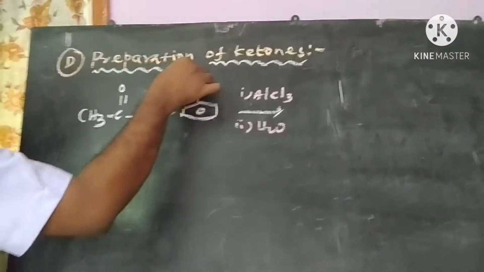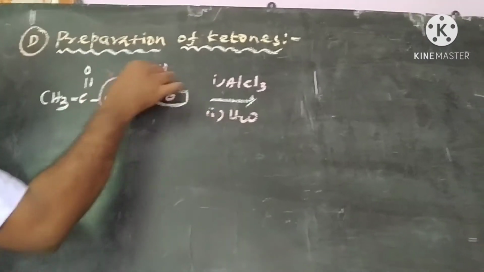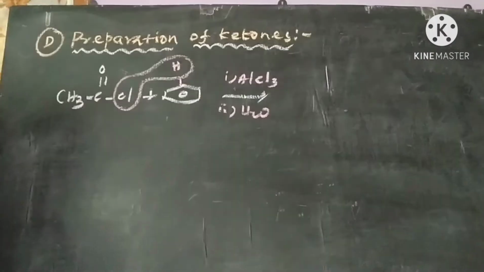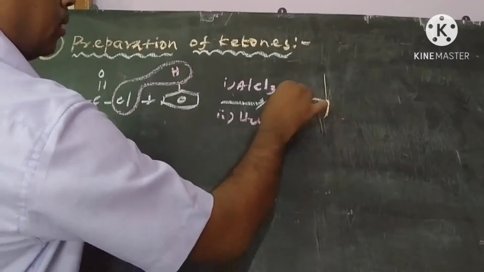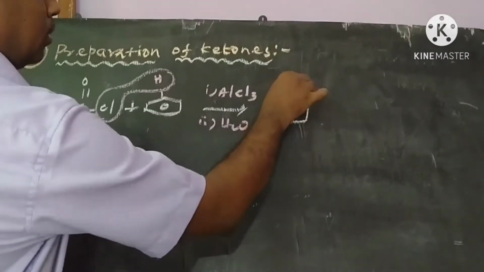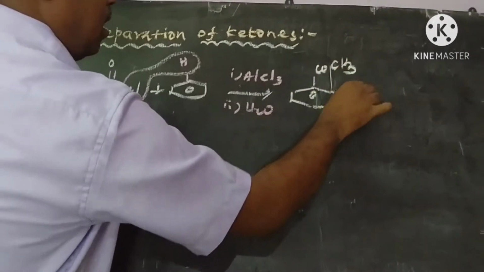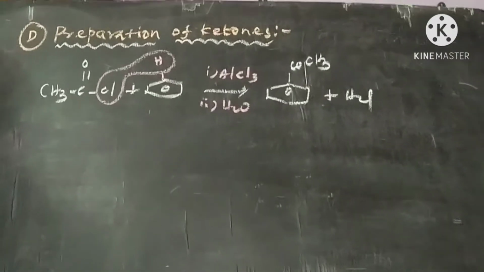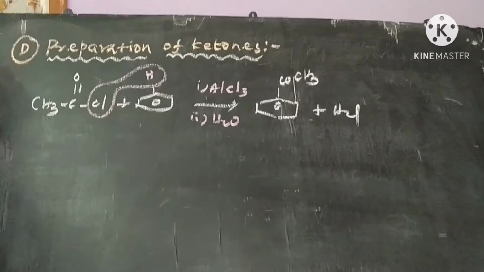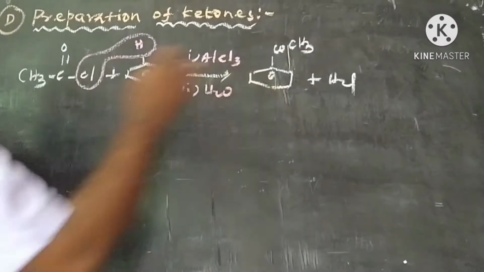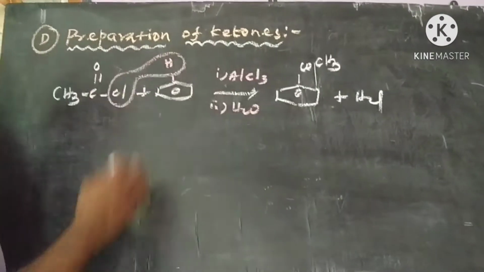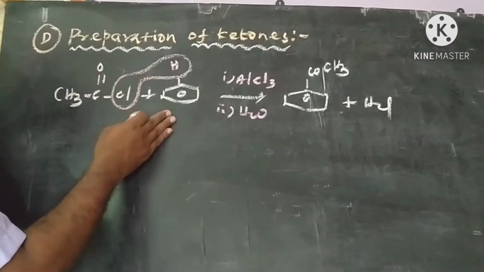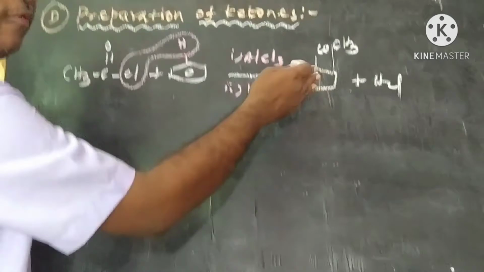So H is added and Cl is removed, and we get C6H5COCH3 plus HCl. That is acetophenone, the first aromatic ketone. Acetyl chloride reacts with benzene to give acetophenone.